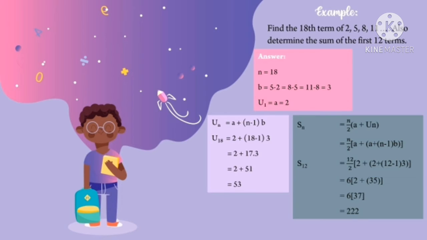Then the operation produces S12 equals 222. So the 18th term of 2, 5, 8, 11, and so on is 53, and the sum of the first 12 terms is 222.